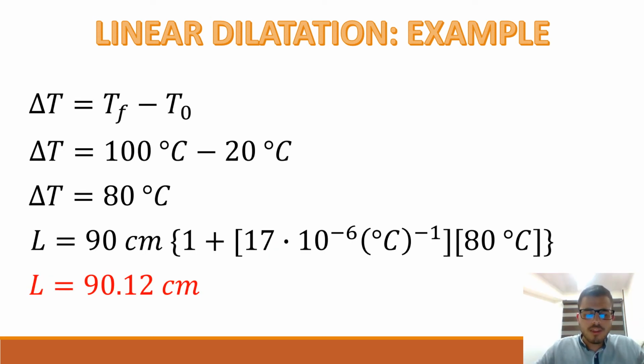Now, delta T is equal to 80 Celsius degrees. Replacing the data in the equation seen above, it is obtained for this example that the final length of the copper bar is 90.12 centimeters.